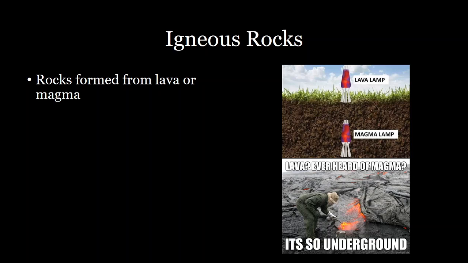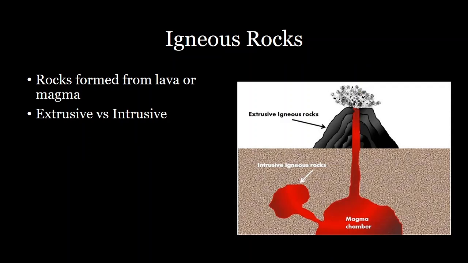So these are rocks that are formed from lava or magma. And remember, lava is liquid rock that's on the surface of the earth, and magma is liquid rock that's below the surface of the earth. And so there are two different types of igneous rocks.